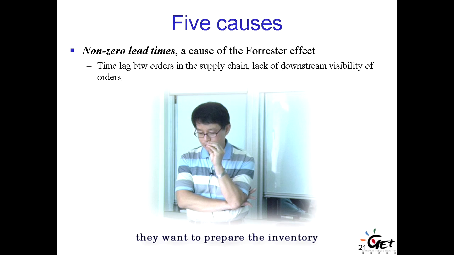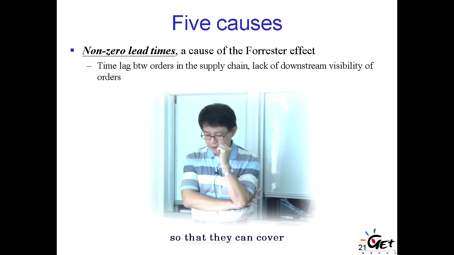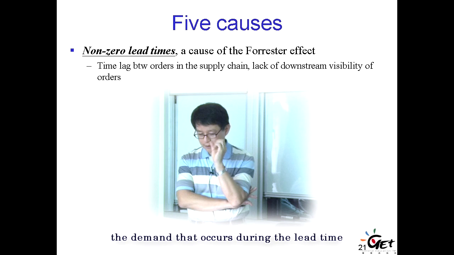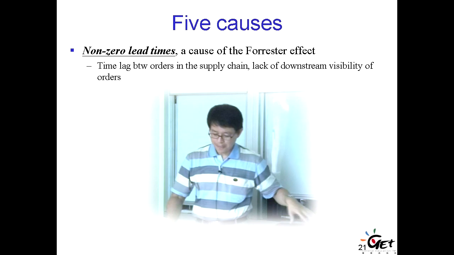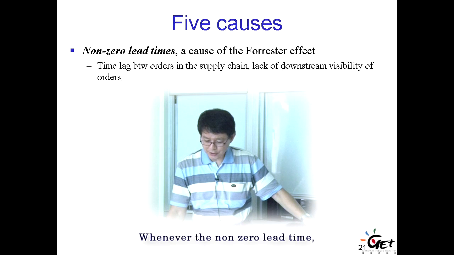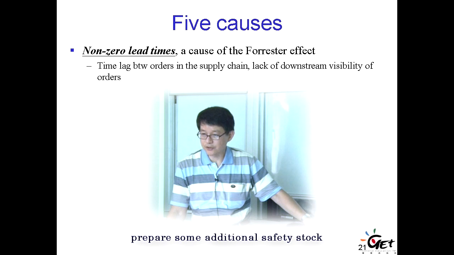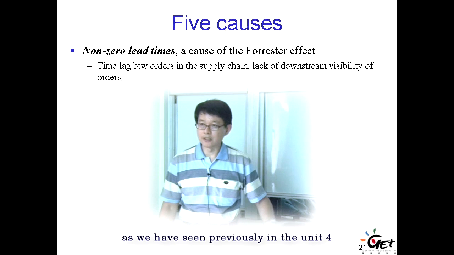They want to prepare inventory at their place so that they can cover the demand that occurs during the lead time. So whenever there is a non-zero lead time, the firms tend to prepare some additional safety stock, as we have seen previously in Unit 4.